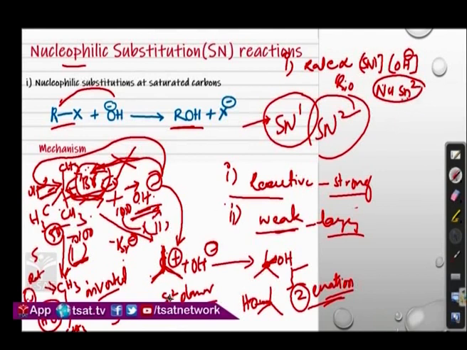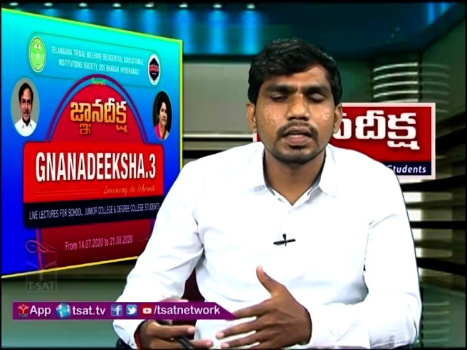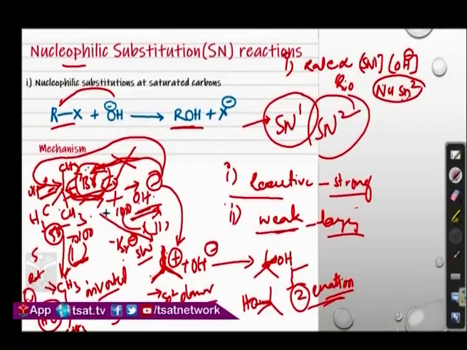Okay, let's say in condition number 2, this is the slow step, which means 99% of the time is consumed for the formation of only this intermediate. Only the first step takes the longest time, the major part of the time interval of the reaction. So the reaction will happen based only on the concentration of the starting material, where the weak nucleophile is present.